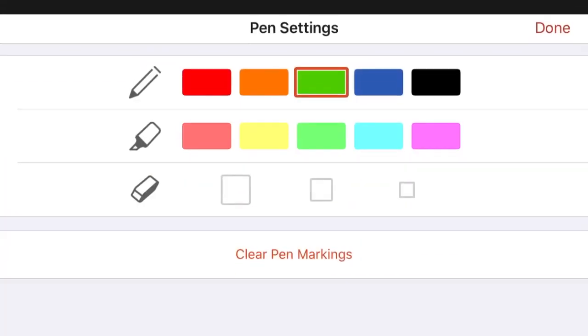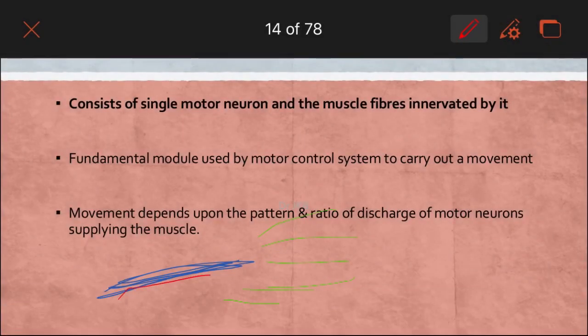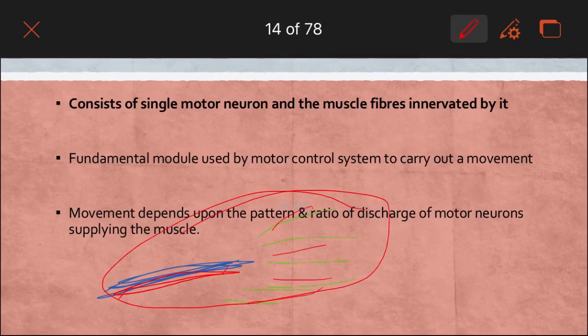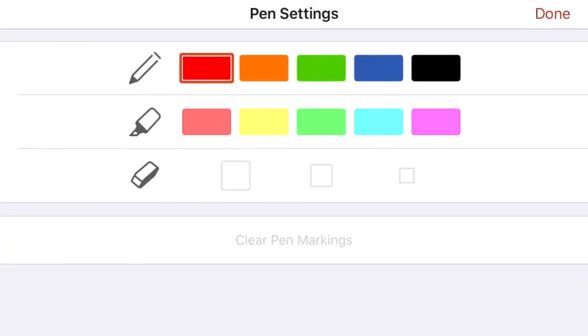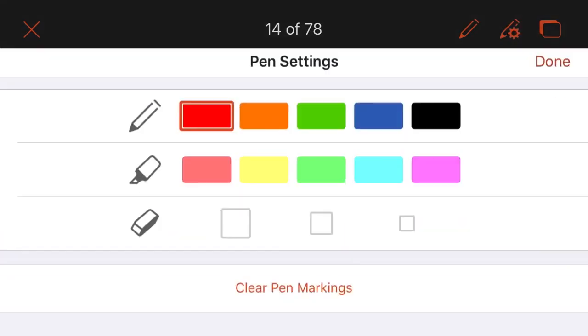This entire thing, the motor neuron and the muscle fibers supplied by it, forms the fundamental or functional unit of this motor system. This is called the motor unit, right.